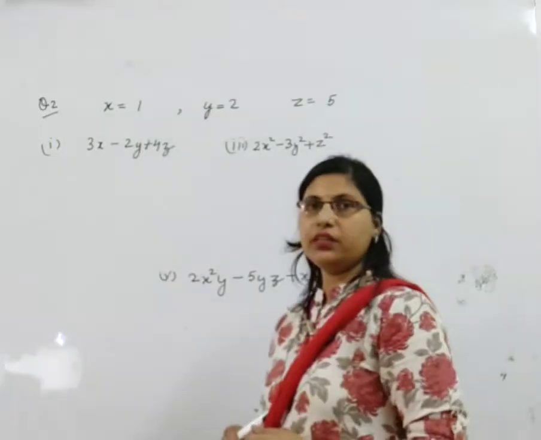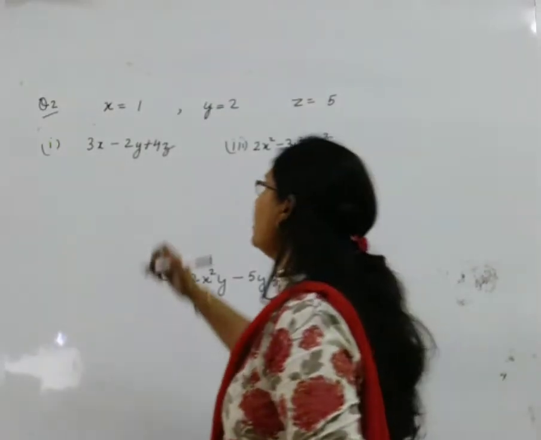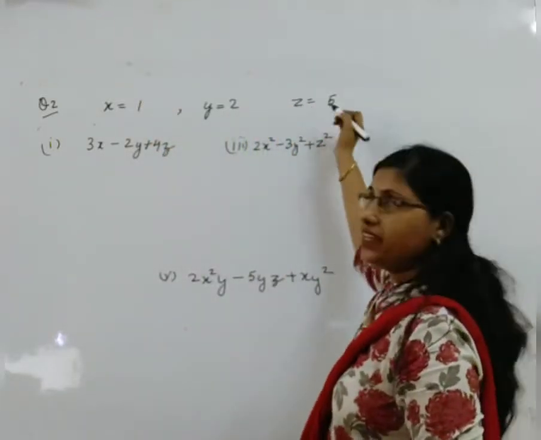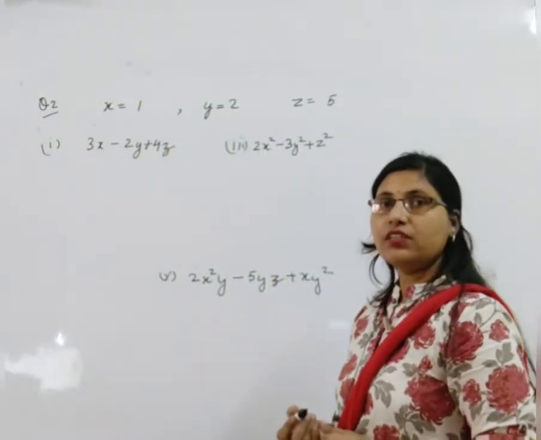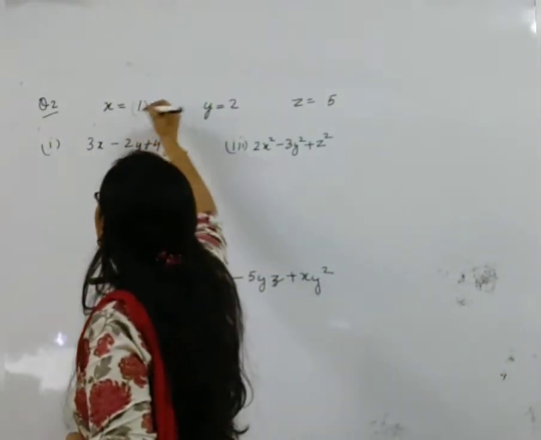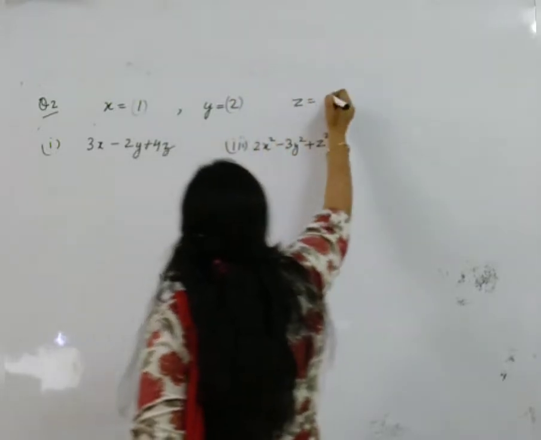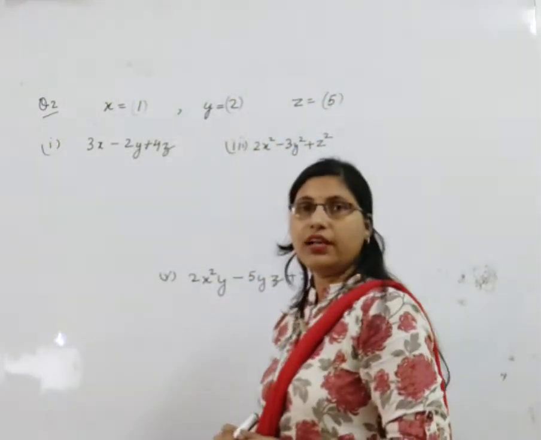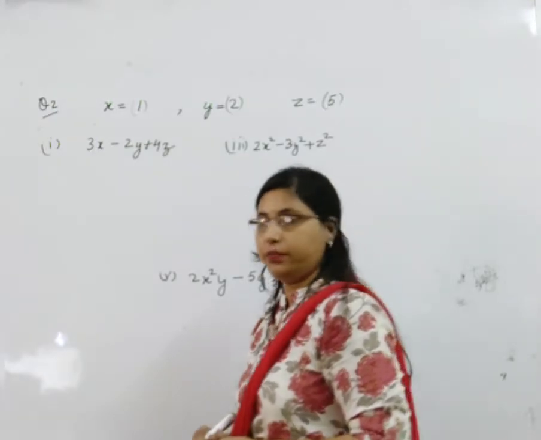This is question number 2. The value of x is 1, y is 2 and z is 5. So first of all, what do we have to do? Keep the values in brackets. Clear? And now we put the values as we did in question number 1.